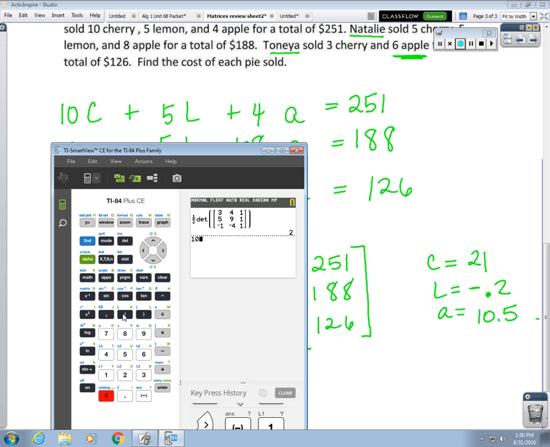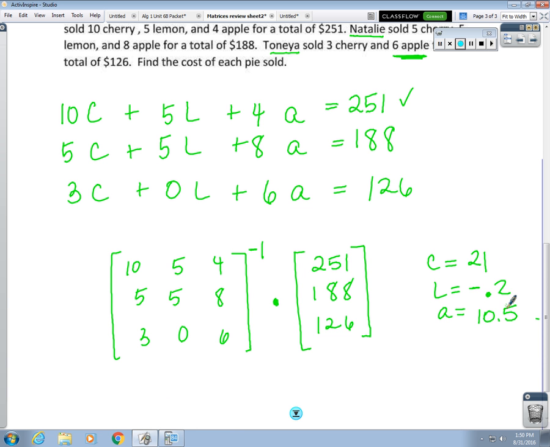So 10 times the cost of a cherry, 21, plus 5 times the cost of a lemon meringue, negative 0.2, and then plus 4 times the cost of an apple, 10.5. And then you do get 251, so that means even though they're not very good values for common sense wise, they do work.